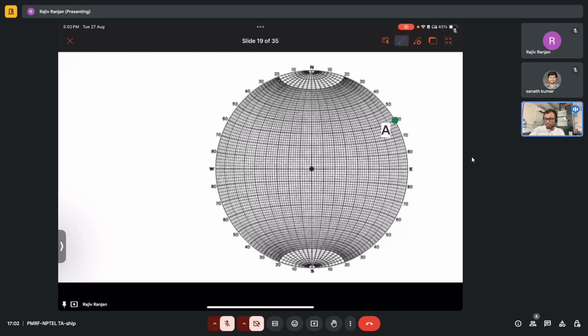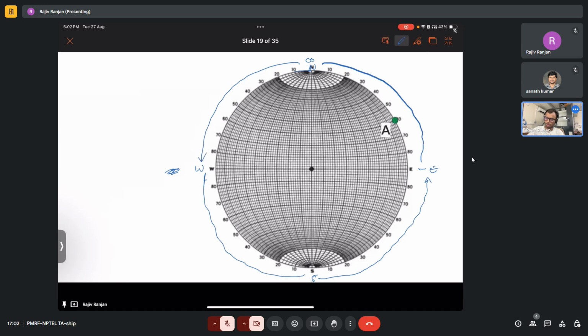So if you see, here is north, which is 0, here you see east, here south, here west. And it is divided into 0 to 90, then here 0 to 90, then here 0 to 90, and then again here 0 to 90.